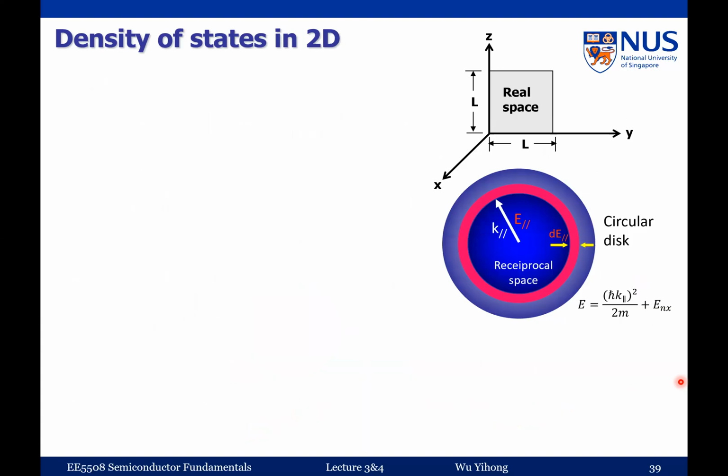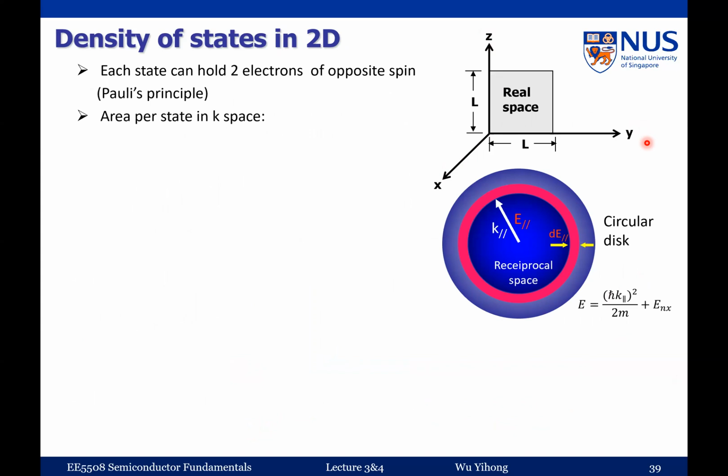Next, look at the density of states in the 2D case. This is a quantum well. Now suppose the electron is quantized in the x direction, confined in the x direction. So the electron can only move in the y-z direction. In this case, each state in the 2D case can of course be occupied by 2 electrons.